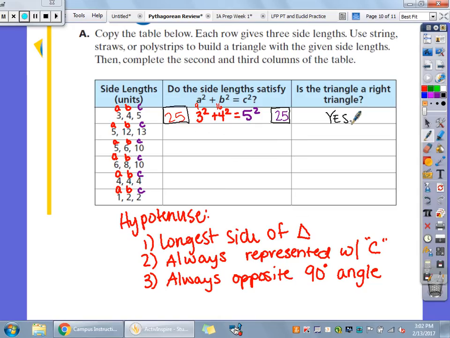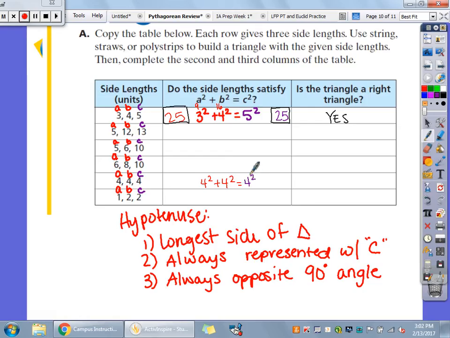Let's look at this one down here. Okay, so a is 4, b is 4, and c is 4.